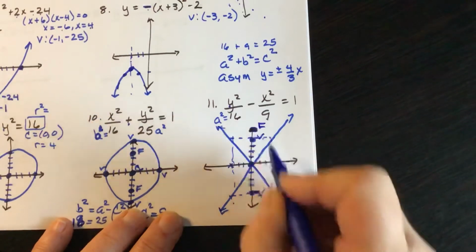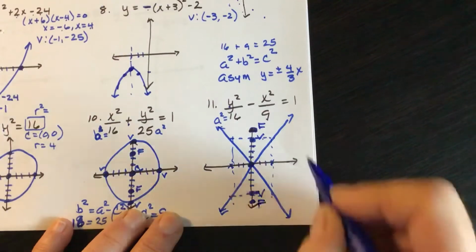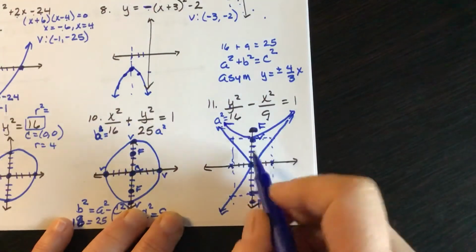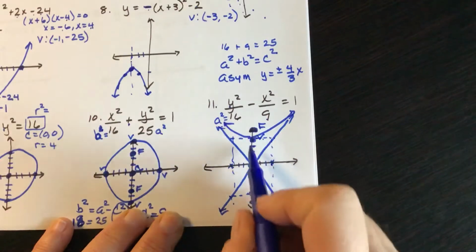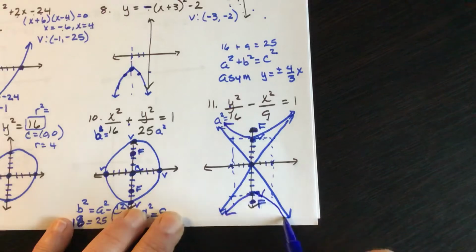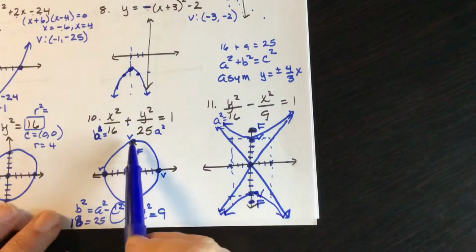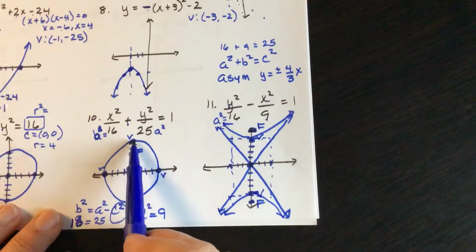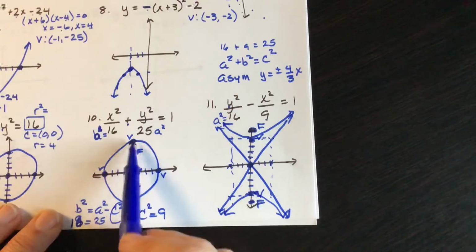Here's my foci. And I can just draw in my curves now. Remember, the foci has to be farther away from the center than your vertices in a hyperbola. In an ellipse, the foci are inside, so they're closer to the center than the vertices.